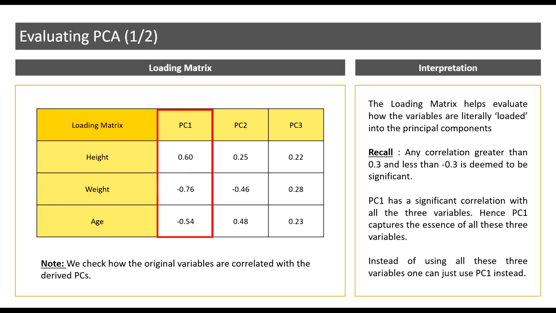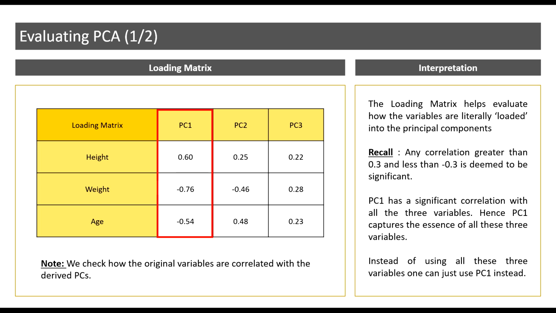Since this is less than minus 0.3, we again deem this correlation to also be significant. Now, we can again see that PC1 has a correlation of minus 0.54 with the variable age. Since this is again less than minus 0.3, we say that this correlation is also significant.